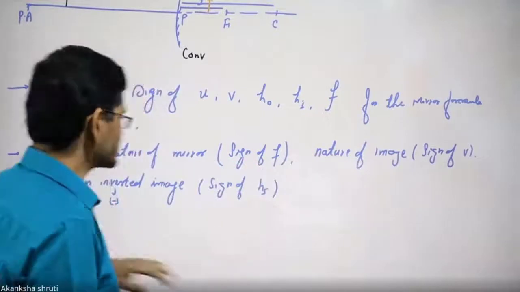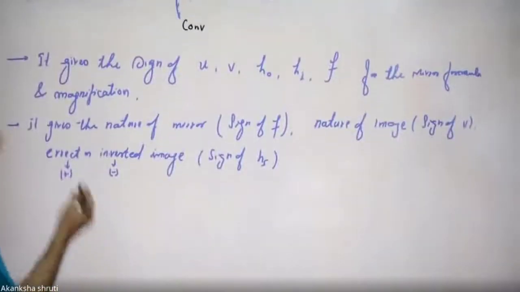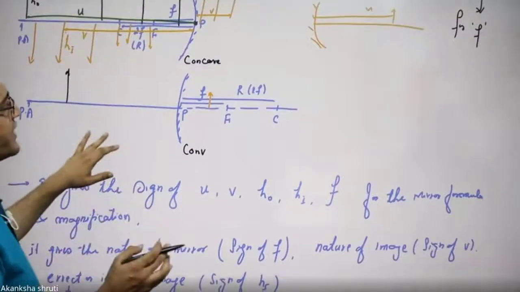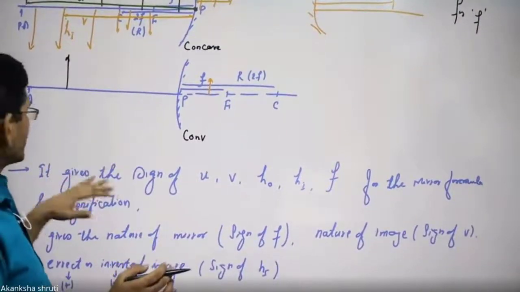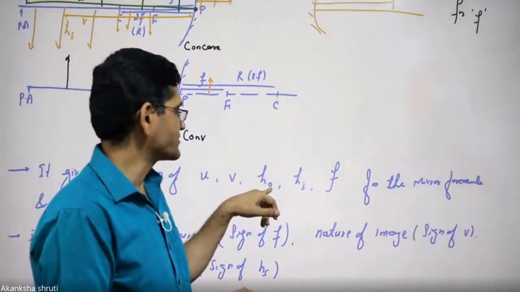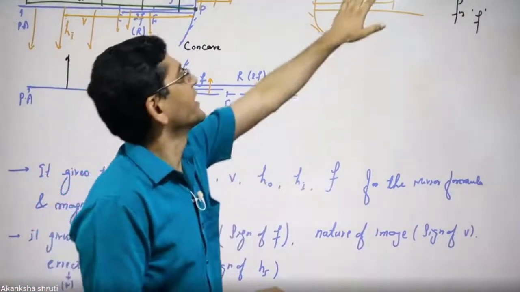Now, what is this sign convention? Sign convention simply means the convention taken for considering the sign of object distance, image distance, object height, image height, and focal length. So let us write the sign convention.